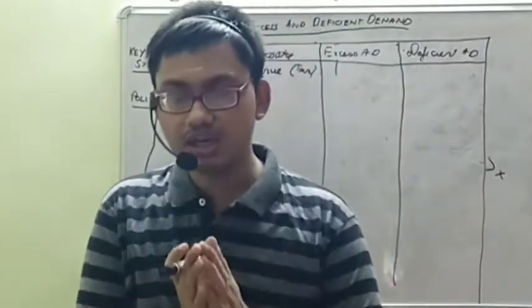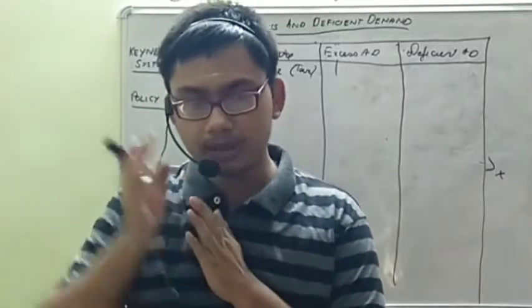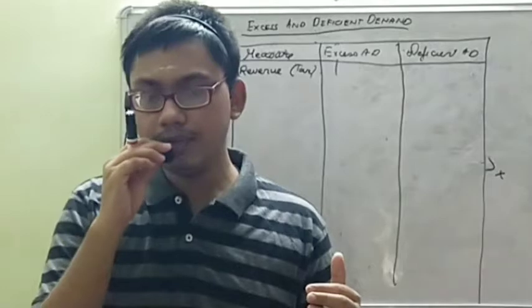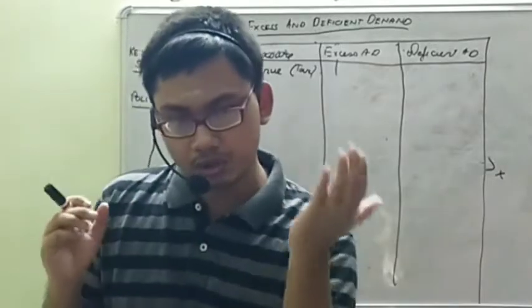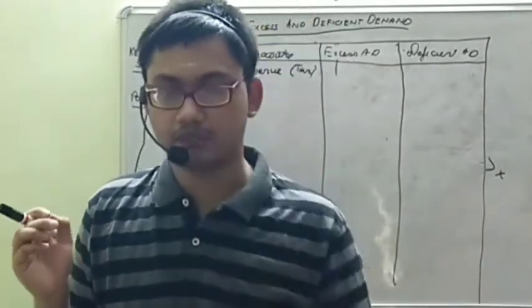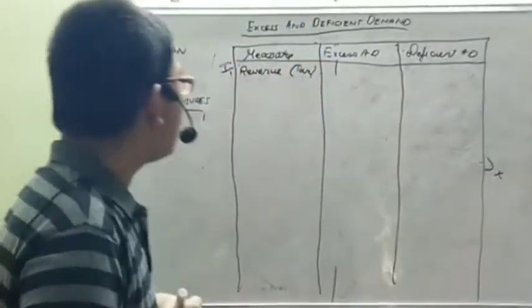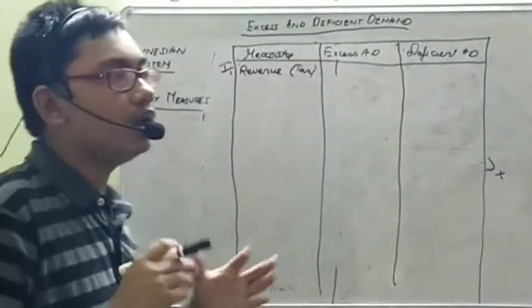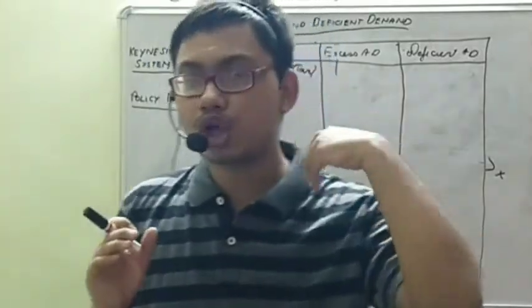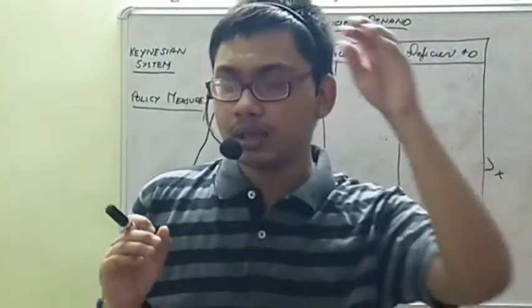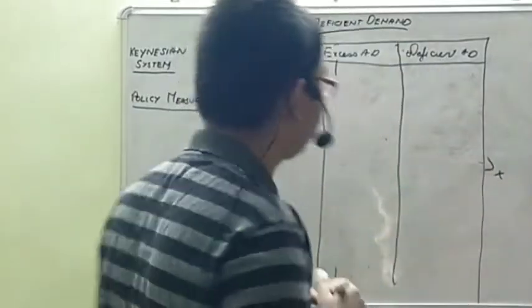However, in deficient demand, the purchasing power of the people is below what is required. So, the government should take measures in order to increase money in the hands of the people, increase their disposable income. Okay. So, revenue or tax. If the government imposes higher tax, people will have to pay more and their purchasing power will come down.